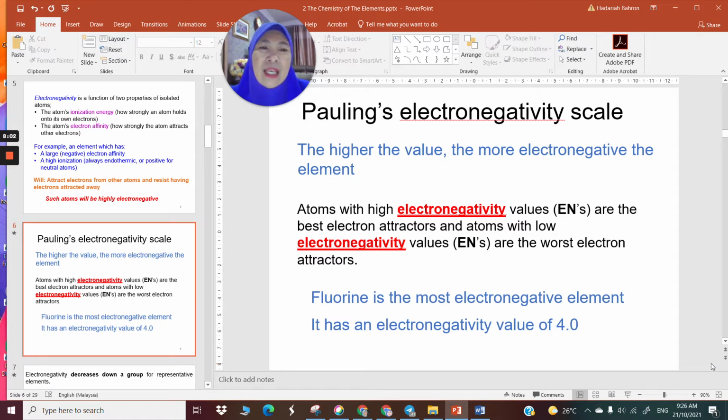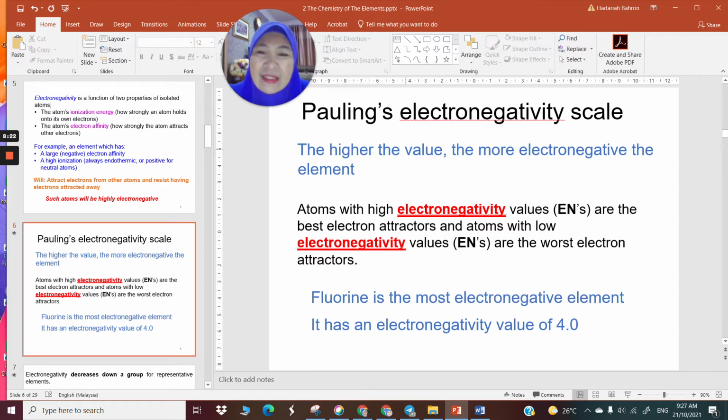Now, there is a scientist called Pauling. Pauling studied the trend of electronegativity across the periodic table, and he gave a value to electronegativity, comparing one element to another.